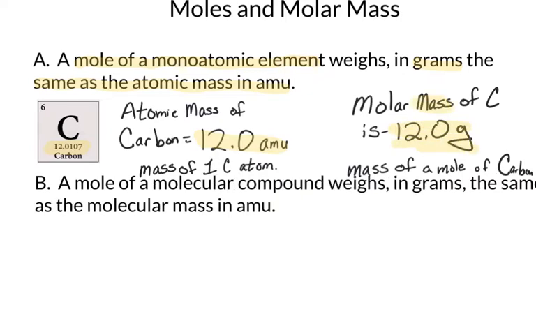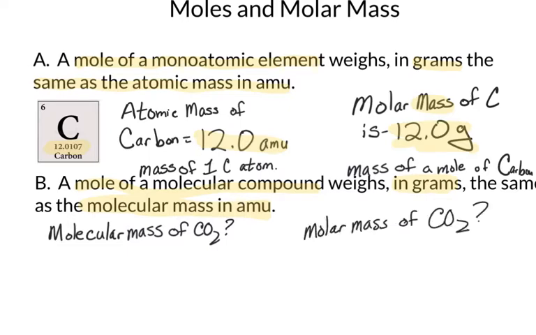So if we look at a mole of a molecular compound, we know that its mass in grams is going to be the same as the molecular mass in AMU. For example, if I said, what is the molar mass of carbon dioxide? To solve this problem, all you need to do is exactly what you did before to find the molecular mass of carbon dioxide. So let's give an example of that.